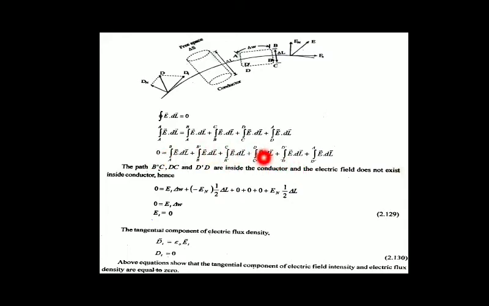Basically an electric field is not possible inside the conductor, so these terms are equal to 0. The remaining term is only AB, the integration of E dot dl over the total length.